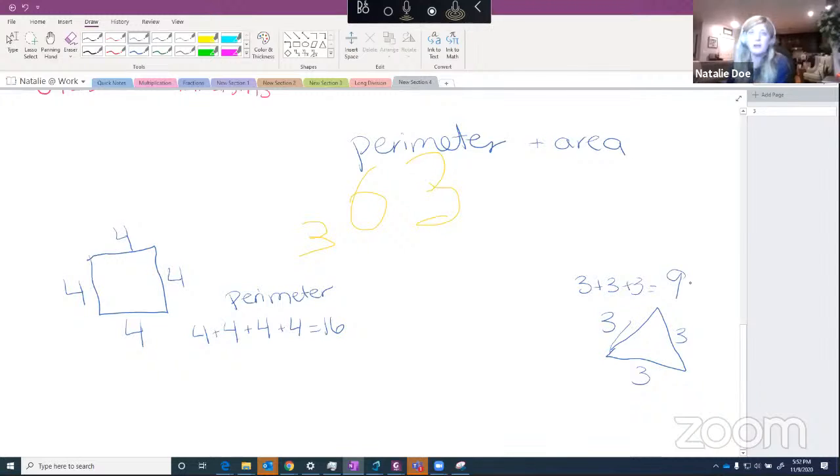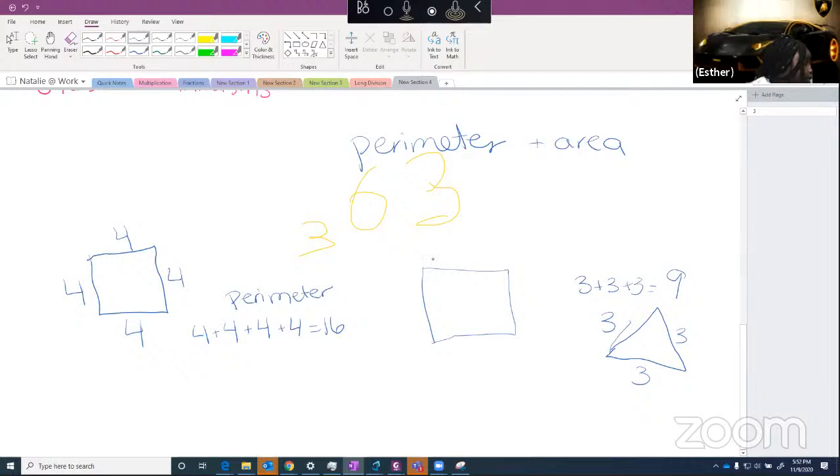And sorry, Modi, were you trying to say something too? Yeah, I was trying to say, do you have anything that has little tiny squares? Little tiny squares. Oh, are you talking about like if we did, yeah.